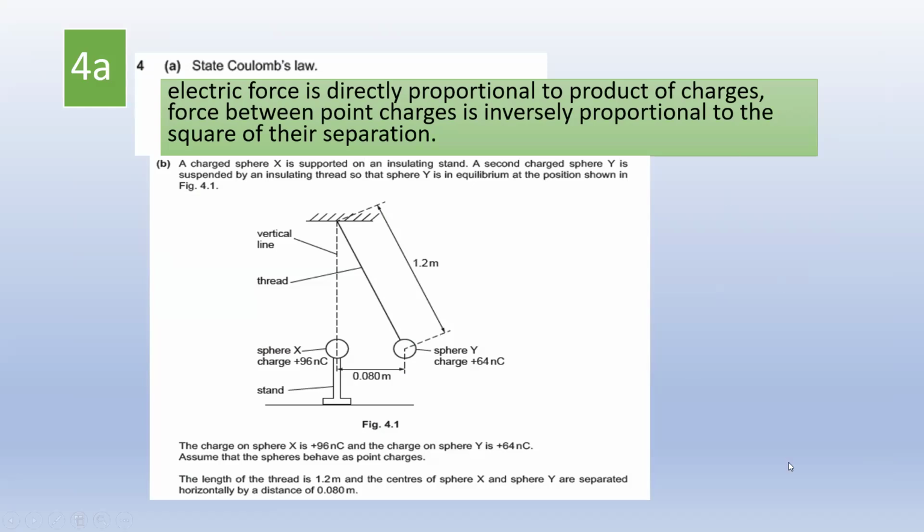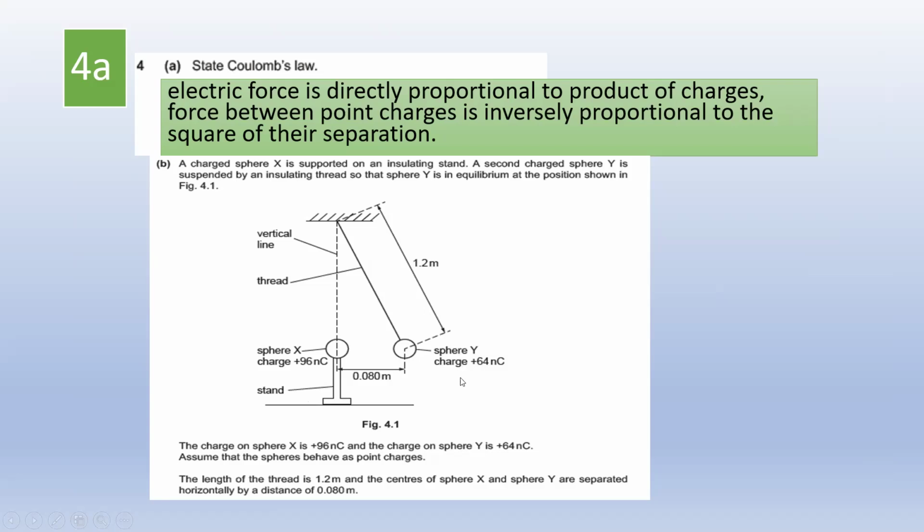The charged sphere X is supported on an insulated stand. A second sphere Y is suspended by a thread so that sphere Y is in equilibrium at the position shown. The charges on spheres X and Y are given.